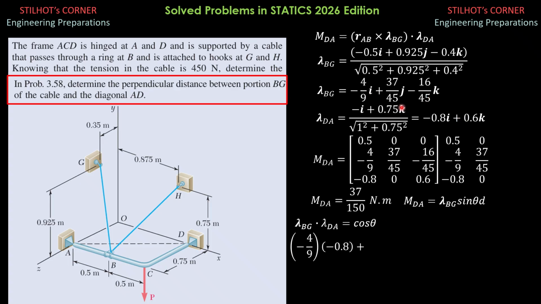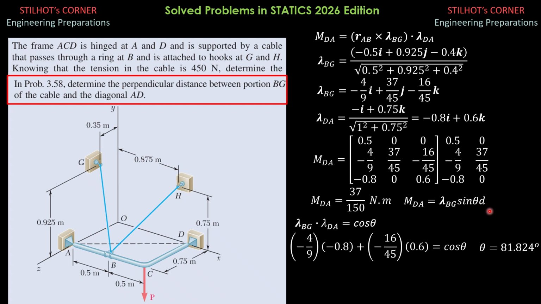So theta equals 81.824 degrees. We then substitute it to this expression. MDA is lambda of BG, which is the force, sine of theta divided by d.